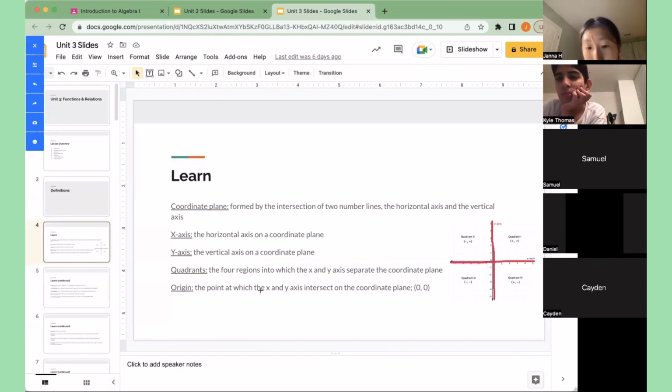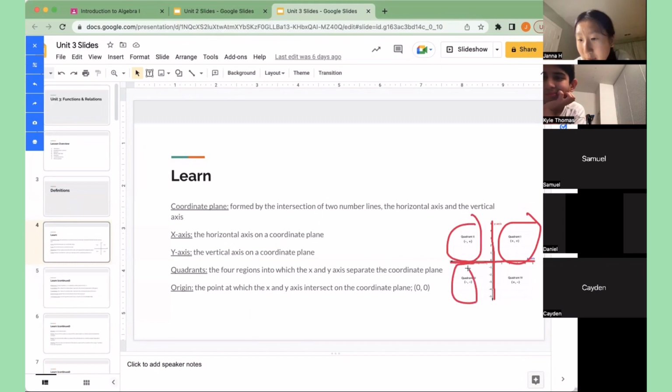Quadrants are the 4 regions which the x and y-axis separate. So this would be a quadrant, this would be a quadrant, this would be a quadrant, and this would be a quadrant. So they're all named, but they go counterclockwise. So this is 1, and then as you go this way, it increases by 1.